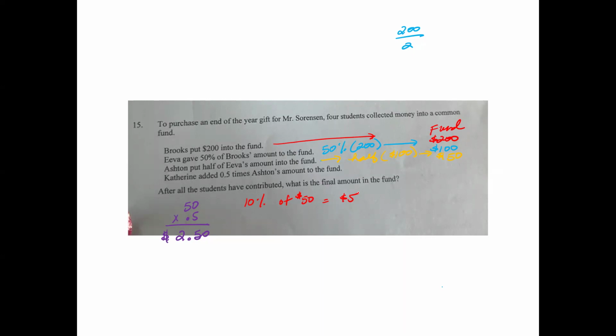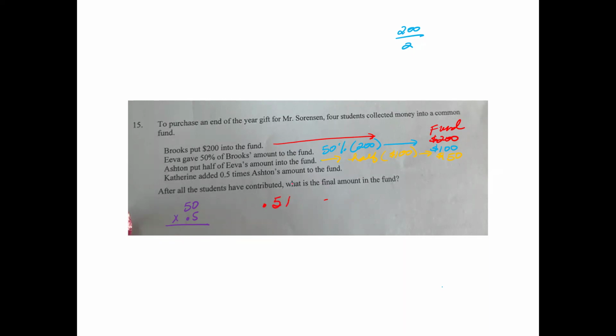Is it? What's 10% of 50? Oh, it's not 0.05, it's 0.5 times. Oh, it is 25. Hold on a second. I'm reading this incorrectly. Hold on.